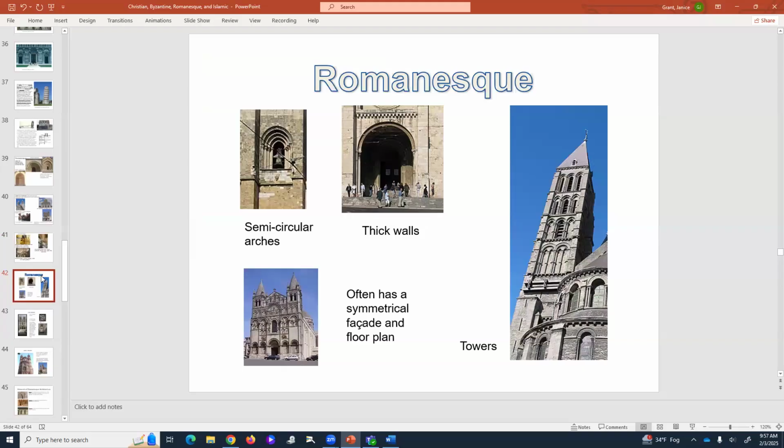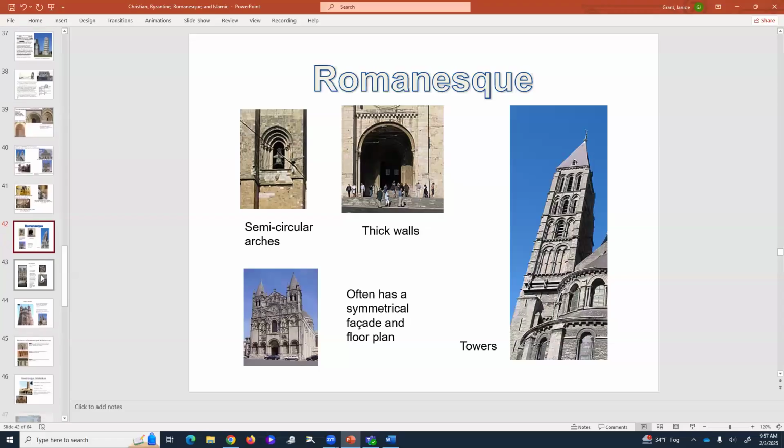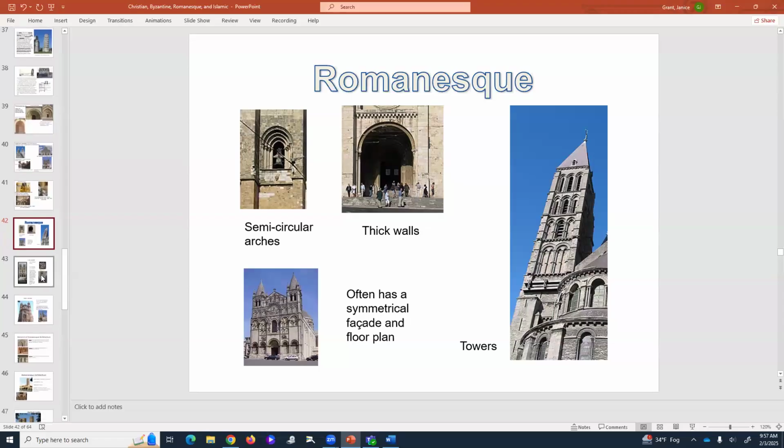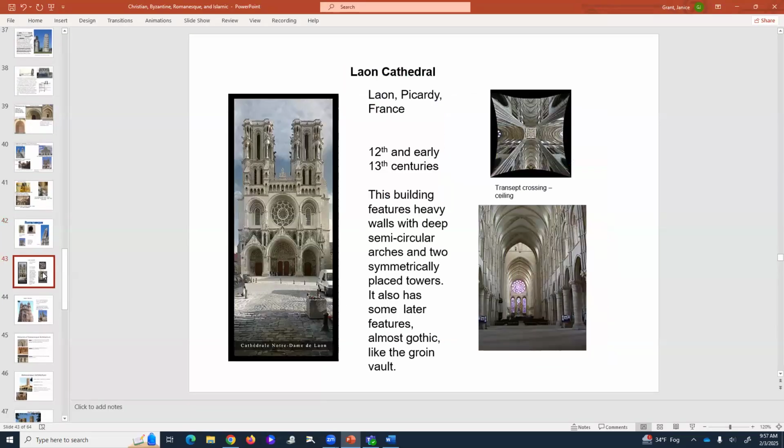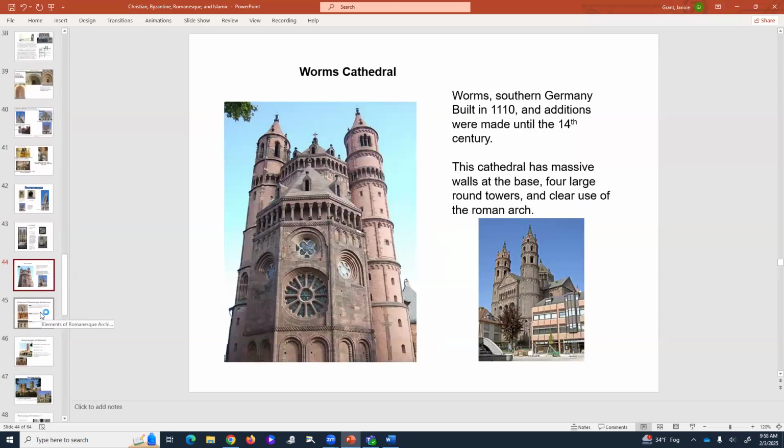The massive thick walls, semicircular arches. And as we move into time, they're starting to show a glimpse of how those walls are starting to lighten up a little with the groin vaulting later in that time.